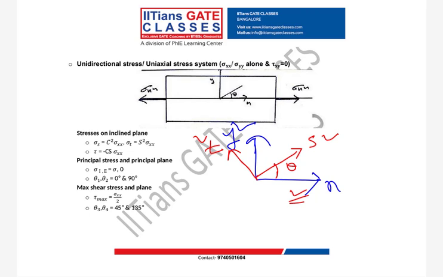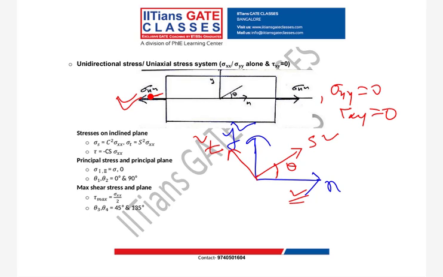So how can we do this? We can use our stress transformation matrix, which we wrote in the last class. For unidirectional loading, sigma yy is 0 and tau xy is 0 when load is acting in X direction.